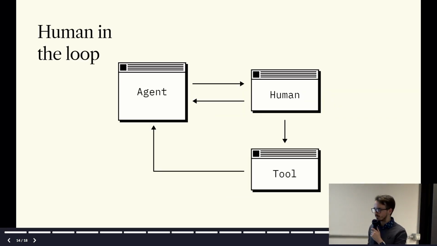It depends on what you want to do. There's also the human in the loop, let's say. Something like an agent asks the app to do something, and you want to be sure that actually that thing has to be done. So you ask a human. The human says, no, don't do that. Then it goes back to the agent that does something. That depends on you.